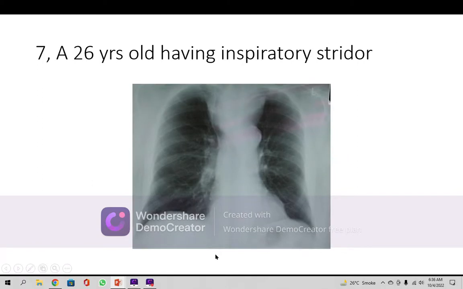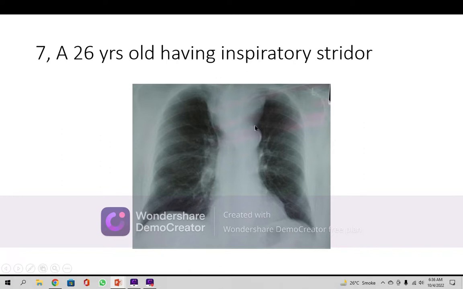A 26-year-old having inspiratory stridor, this was the second question. Now all requirements are fulfilled in this X-ray, and here I see the trachea, going like this, is displaced towards the right side. This is the positive finding. Above the upper part of the middle mediastinum there is opacity.